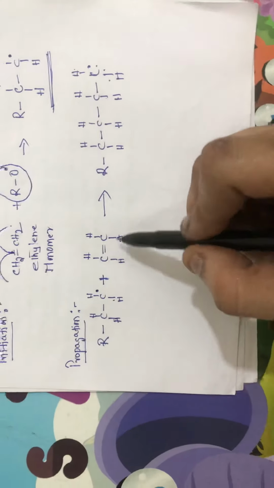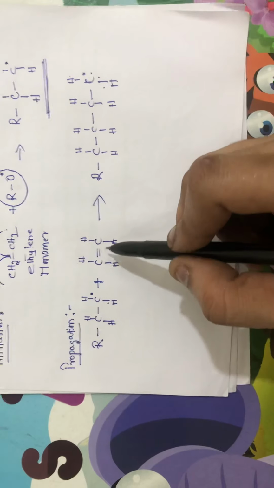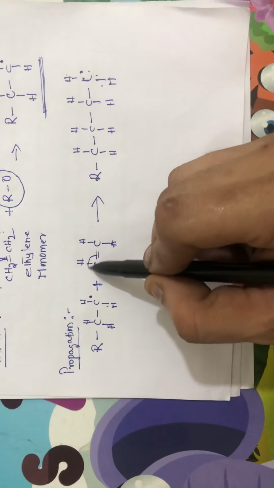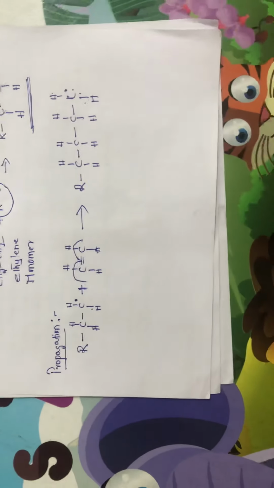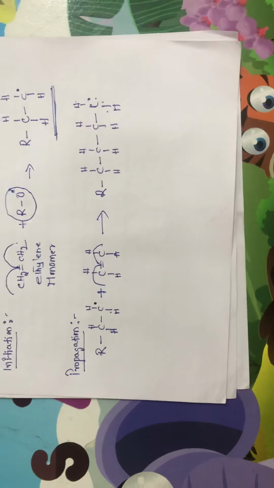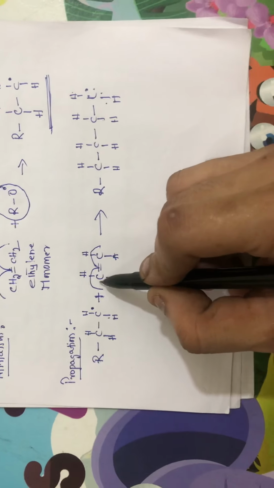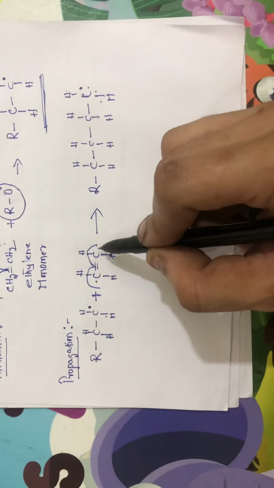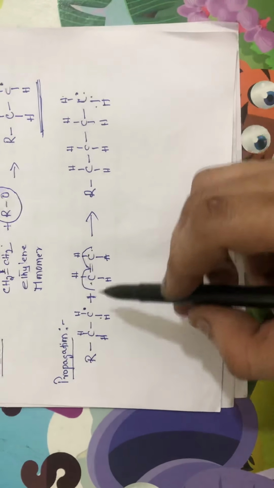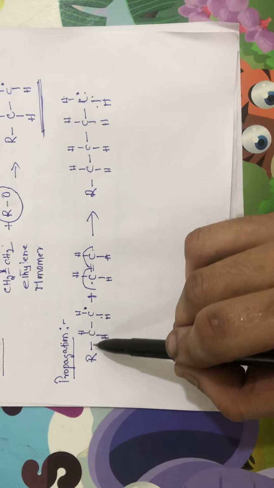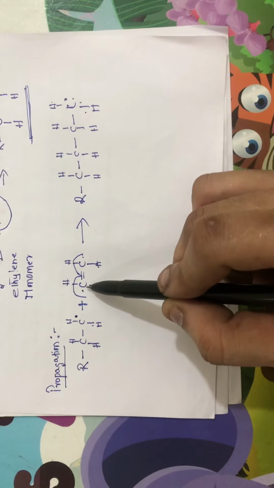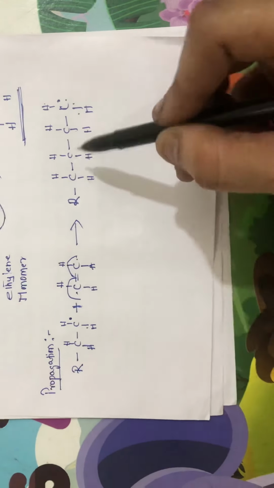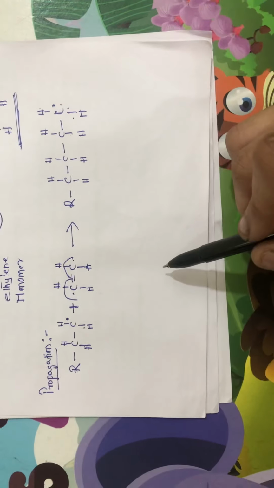In the same case, here also it takes place. Here the double bond shifts. Now at this carbon, one active site is formed, and at this carbon, one active site is formed. So the first active monomeric unit will come and join with this active site, forming a chain.